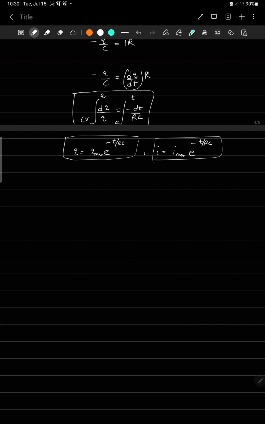Let's take a question here. There's a capacitor of capacitance 10 microfarad, charged with 60 microcoulomb, connected with a resistor R of 10 ohm.